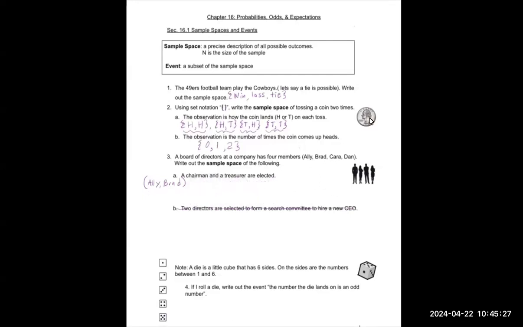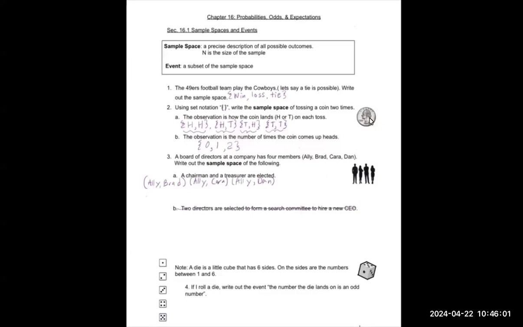And I'm going to just go with Allie and everybody with Allie. Okay, so I can go Allie with Brad. I can go Allie with Kara. I can go Allie with Dan. Then I can go Brad.